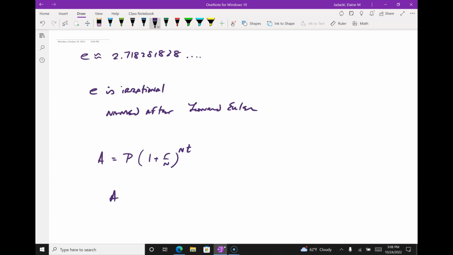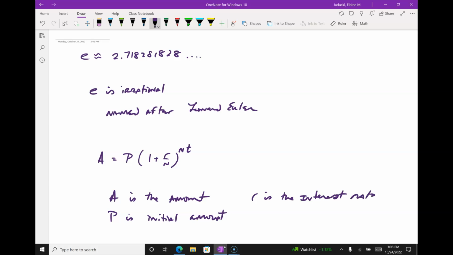So A is an amount. P is the principal, the initial amount. What you put in the bank or what you charge on your credit card. R is the interest rate. T is time in years.